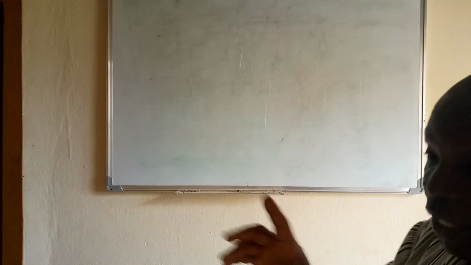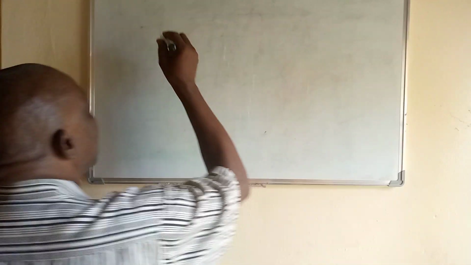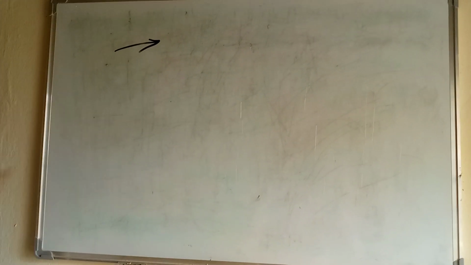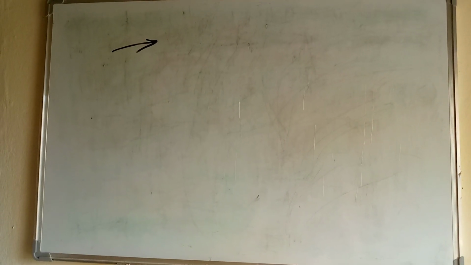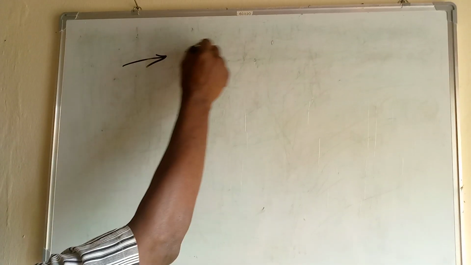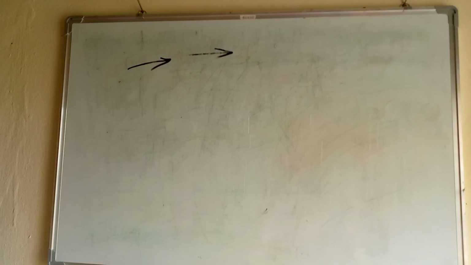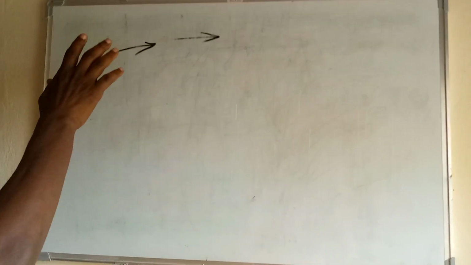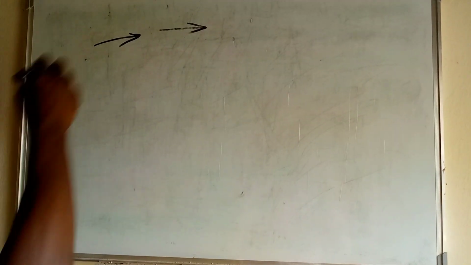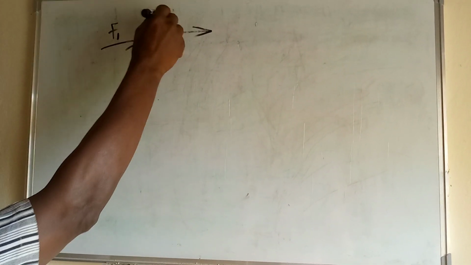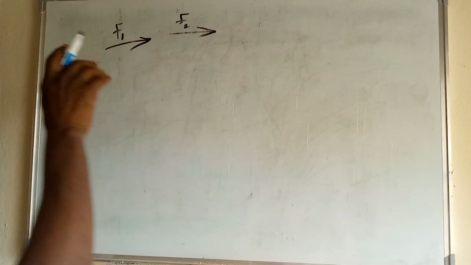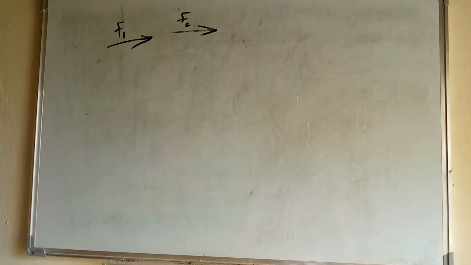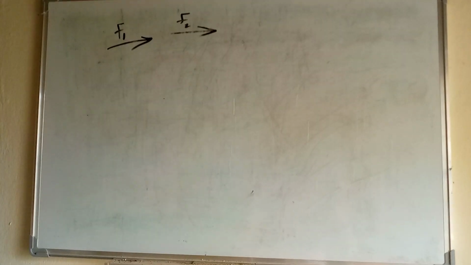Now, taking the forces, we can represent the forces by an arrow showing the movement of forces. Now, if these forces are moving in the same direction, the combined effect will be an addition of the two forces. If we have force 1 and force 2, the addition of the forces will give its combined effect because they are moving in the same direction.